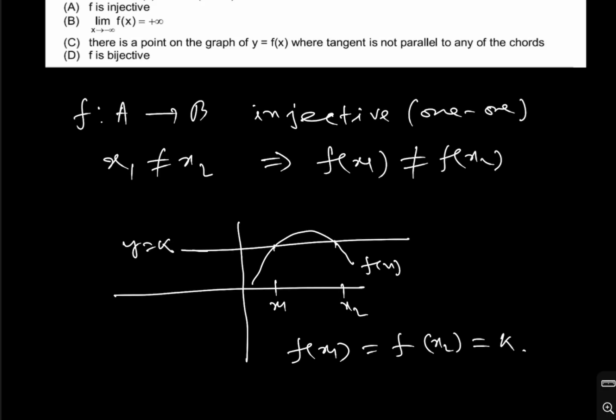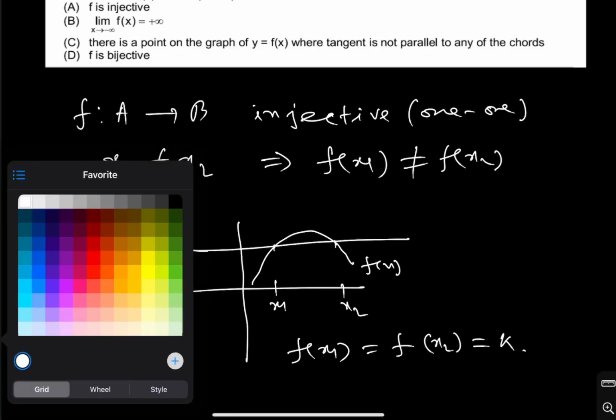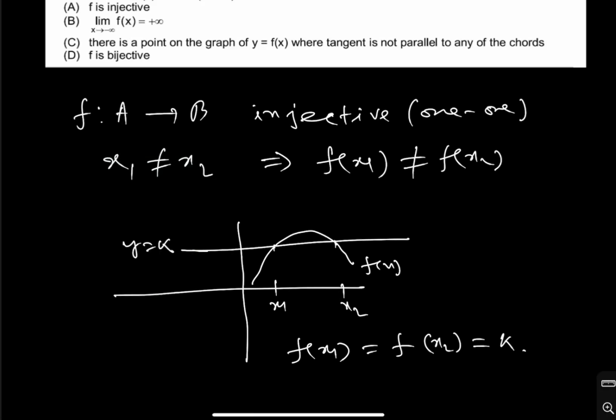Okay, so clearly we can say that when a function is not either strictly increasing or strictly decreasing, the function is not injective, because we can see that the function is increasing here, and from there to here the function decreases.